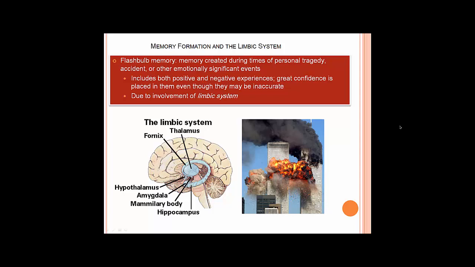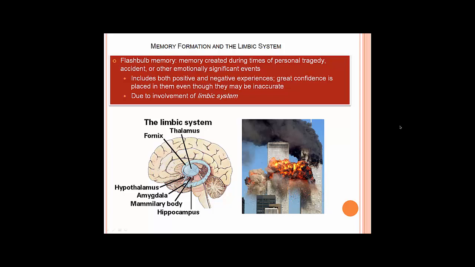Flashbulb memory is a memory created during times of personal tragedy, accident, or other emotionally significant events. And this is a common symptom of people suffering from PTSD, that they will have these flashbulb memories.